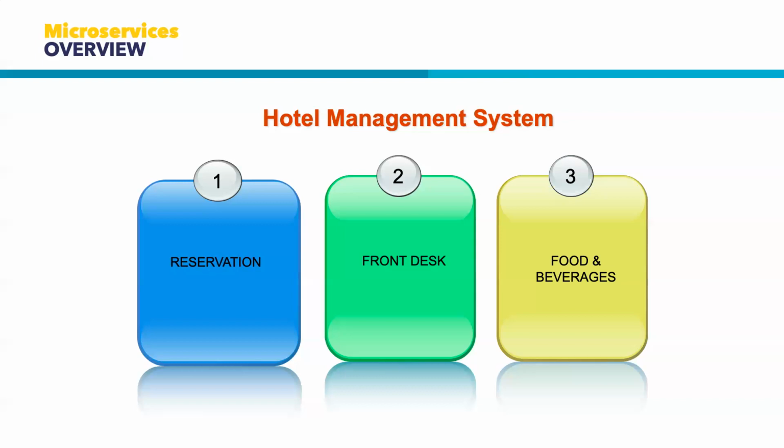We have the reservation, the front desk, the food and beverages, and maybe we also have the report service. For example, the report service generates or prints out your billing or something like that. So if you look at all the services and deploy them on the server, the problem is the most heavy, the most hungry and resource-consuming would probably be the food and beverages.